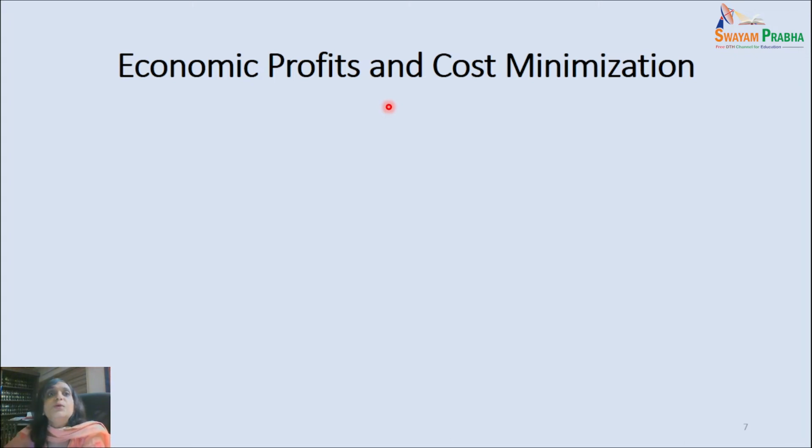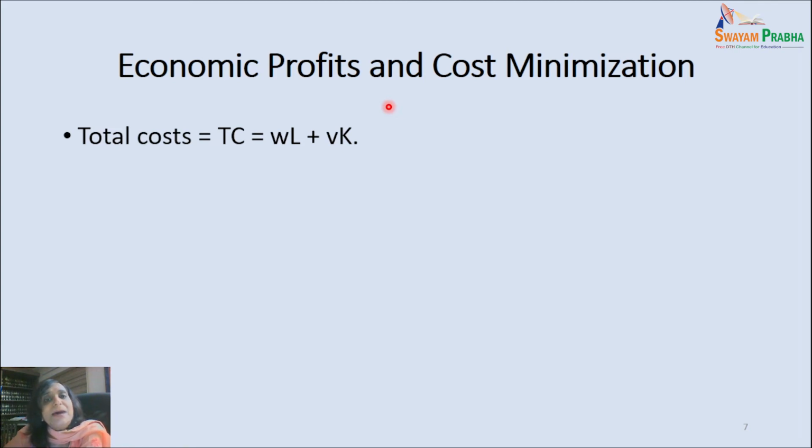But tell me, which is the right combination of labor and capital which I should hire? That is called the decision making for the producer, or the optimum input combination.